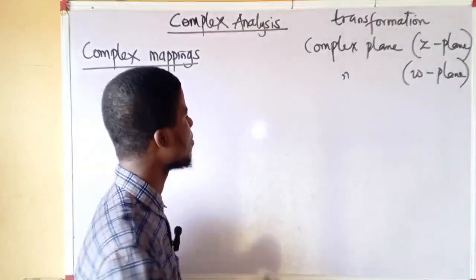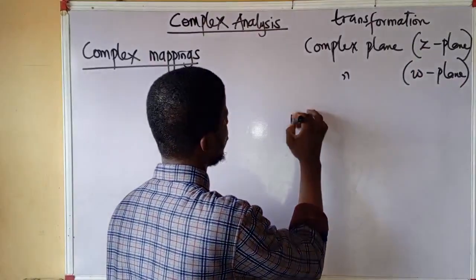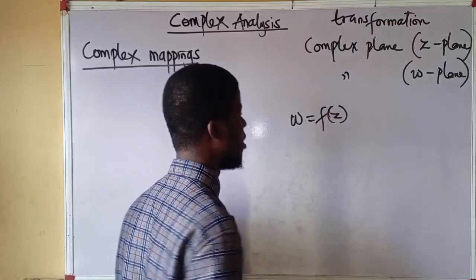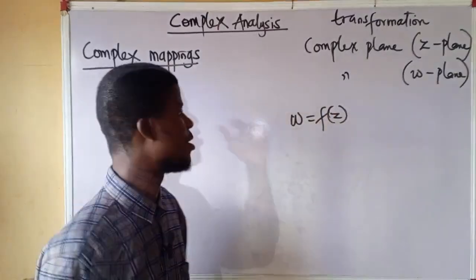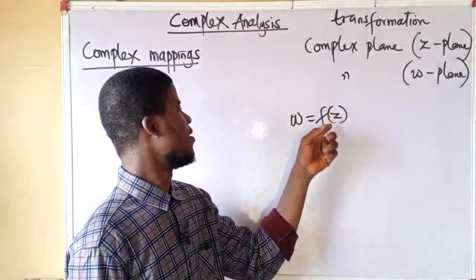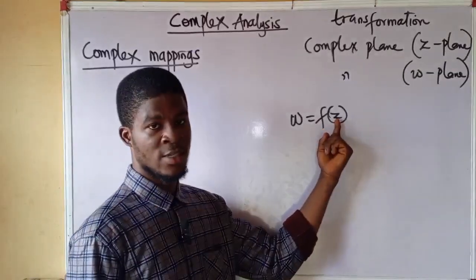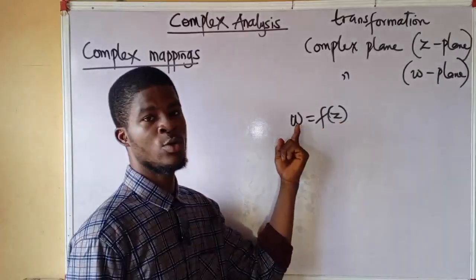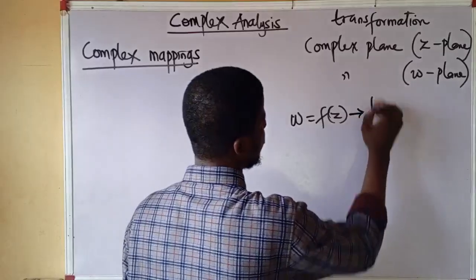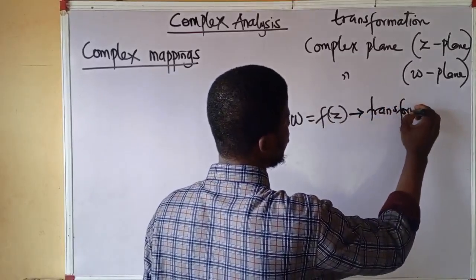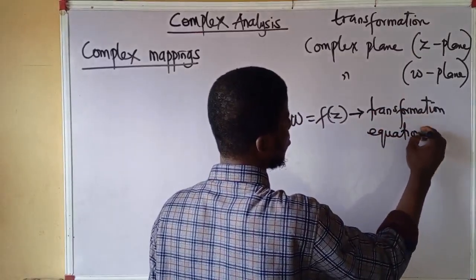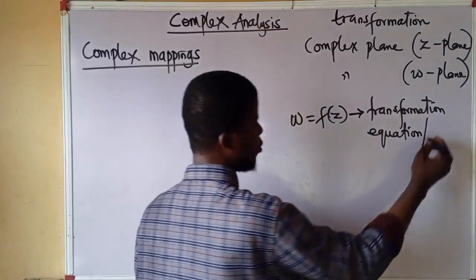Now look at it. The complex function W equal to f of z can be interpreted as a complex mapping where z is a point and f is a function. The function takes the point z and maps it onto w. We call this the transformation equation, or the transformation function.